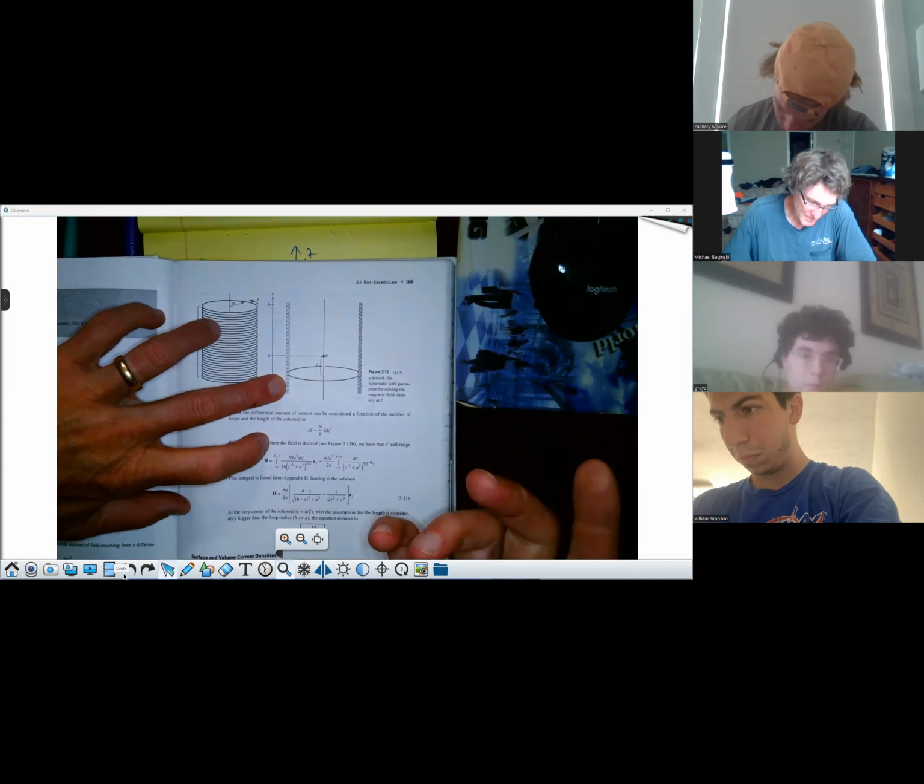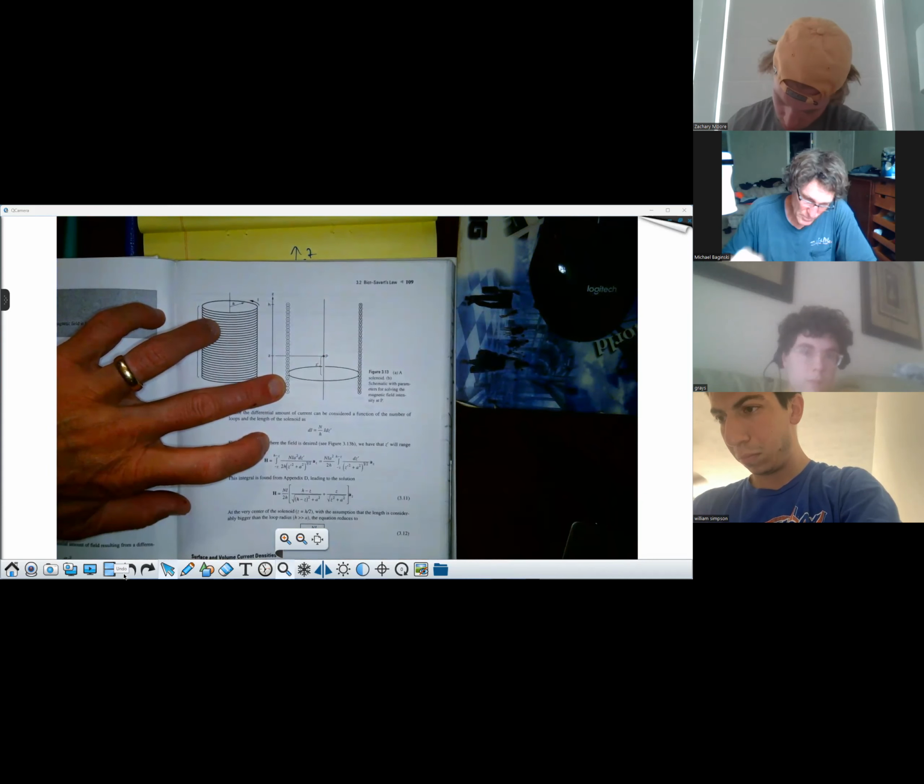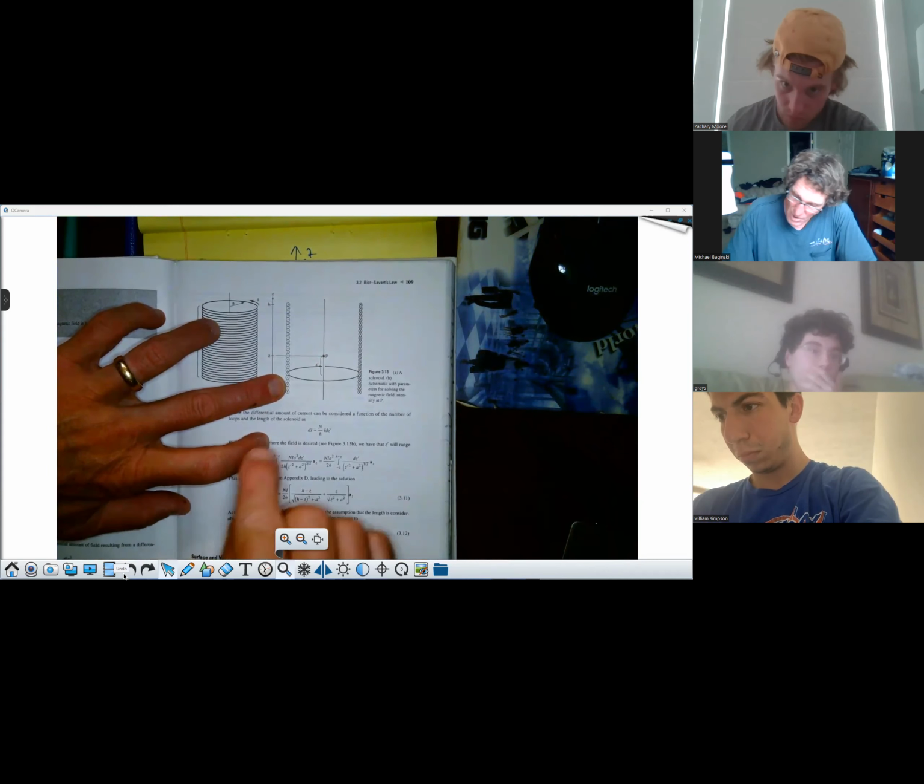It's the same thing as the I in a single loop causing an H, only now the current itself will not be equal to I, it will be equal to dI, or really the amount of current per meter times the differential thickness. And that's what he's showing you here, and I'll get to that in a second.